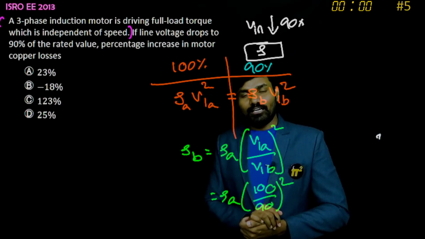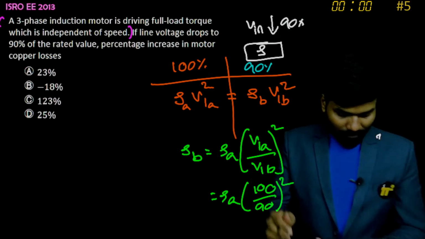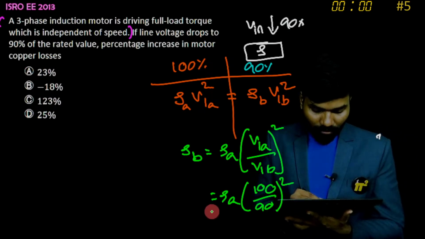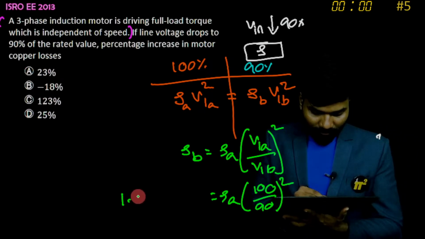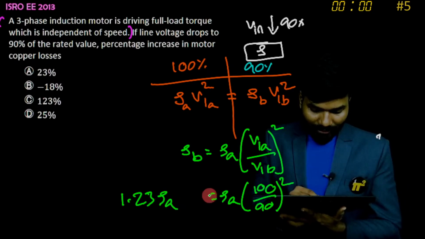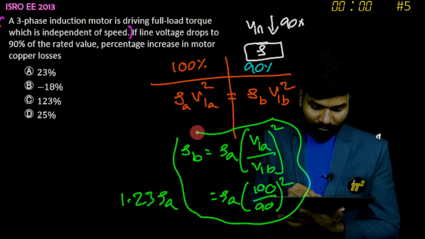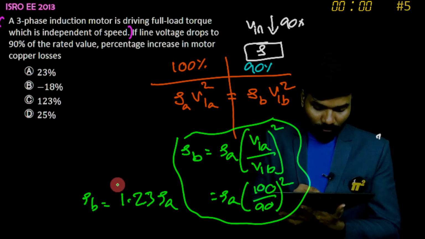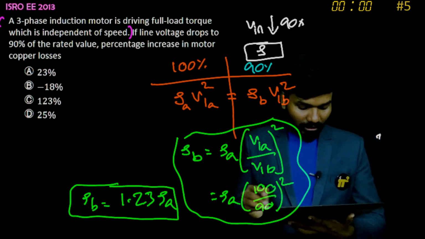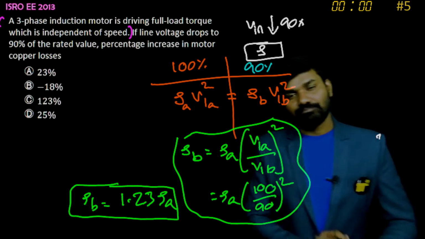Tell me how much is that? 100 by 90 whole square will give you 1.23 times SA. Simplifying this, you'll get SB is equal to 1.23 times SA.